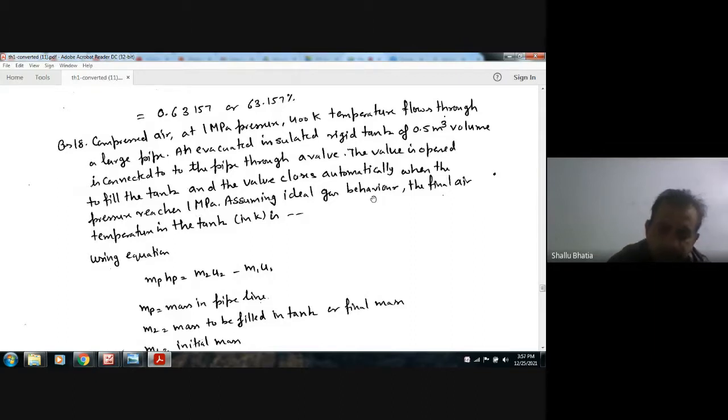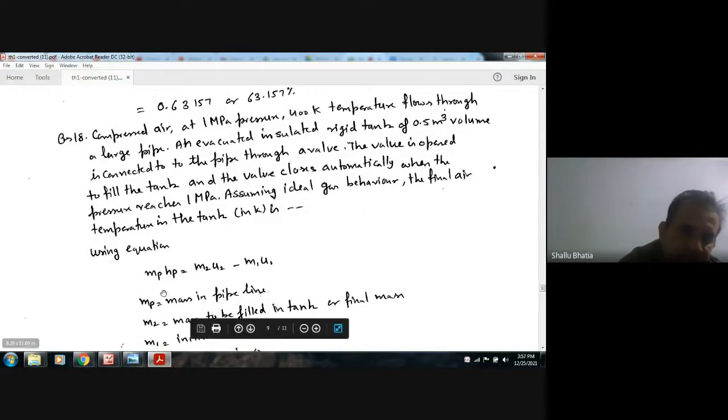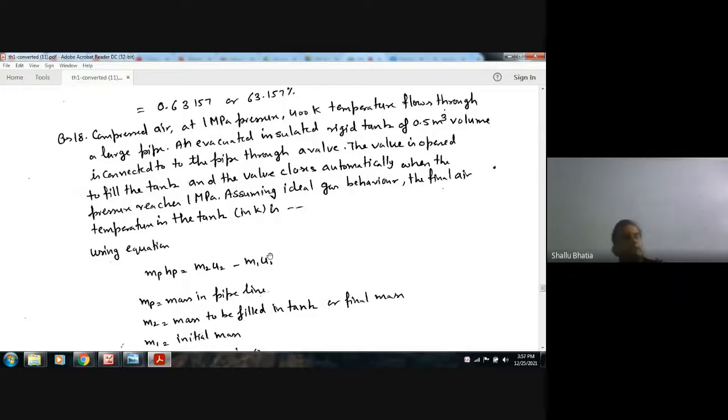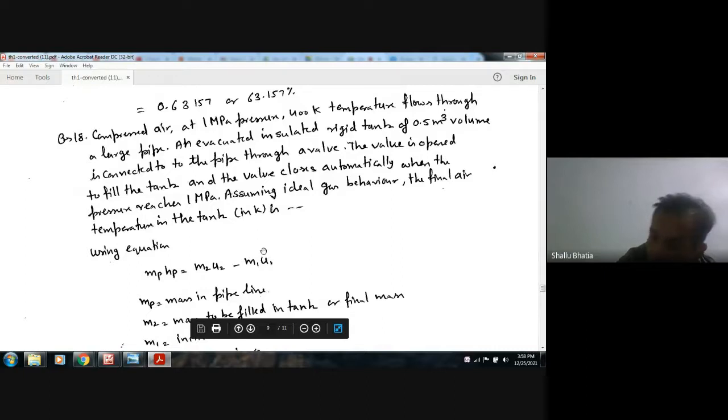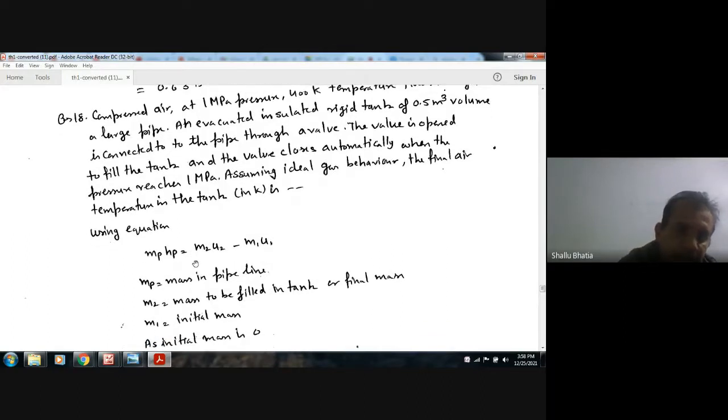So the flow energy of the air should be equal to the change in internal energy of the tank, because in the tank the air is not flowing, and in the pipe the air is flowing. The flow energy is represented by enthalpy, and the energy at constant volume is represented by change in internal energy. So mp hp is equal to m2u2 minus m1u1.